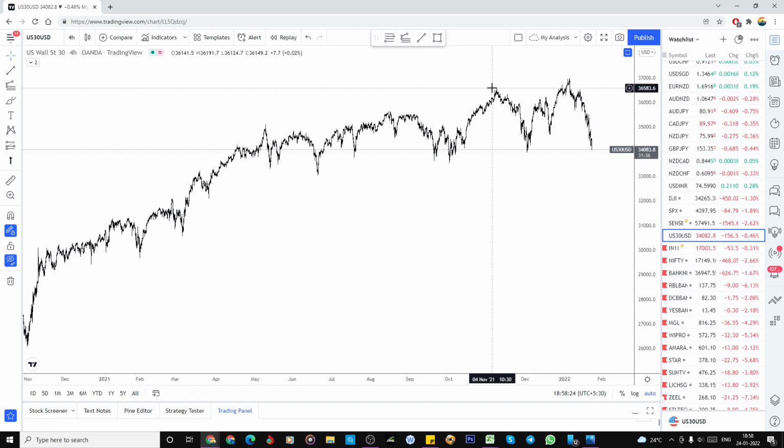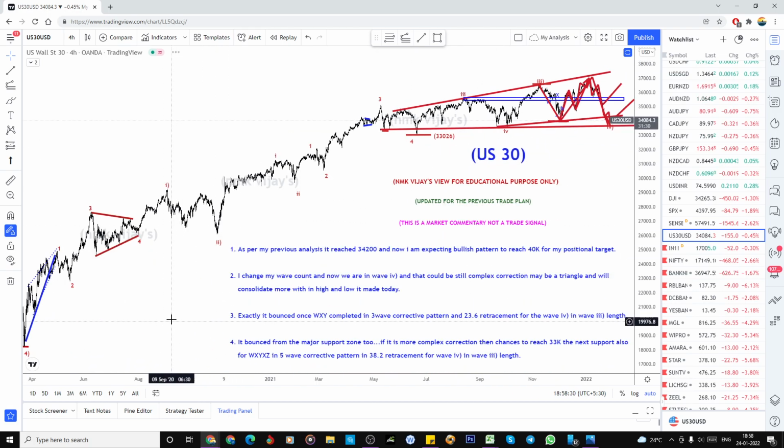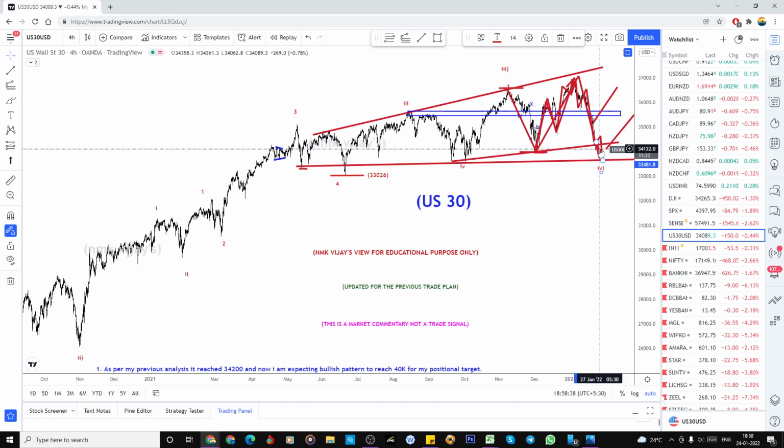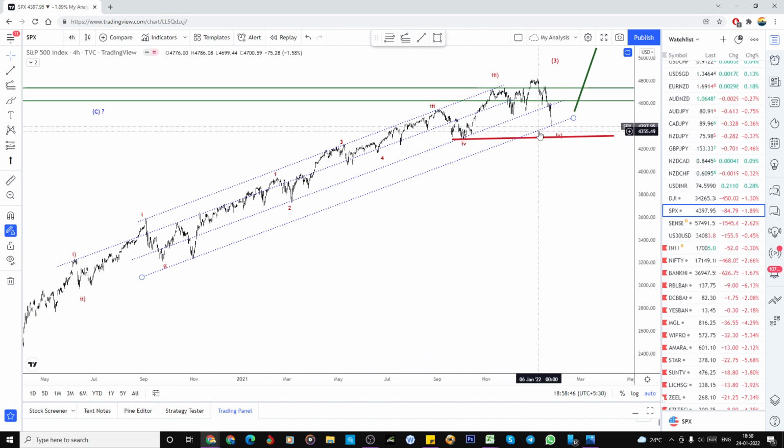So this is the end of the third wave, and we are in the bigger fourth wave. Look at this, this is the end of the third wave, we are in that 1, 2, 3 is already done, and we are in the fourth wave. Like this, and in fact in the S&P 500, it is exactly at the bottom channel lower line here.